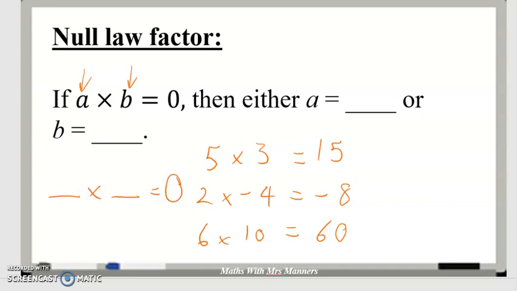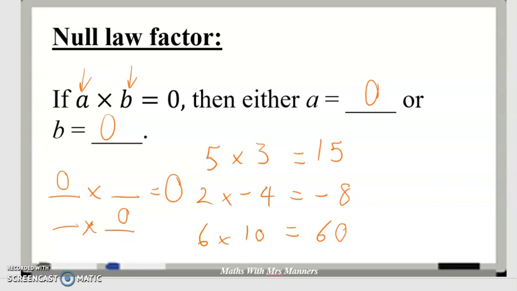And hopefully you realize that if you're going to end up with a product resulting in 0, then one of those two numbers has to be 0. It might be that number, it might be this number, but one or both of them. So a could equal 0, or b could equal 0, or they could both equal 0, is what you need to be able to conclude.